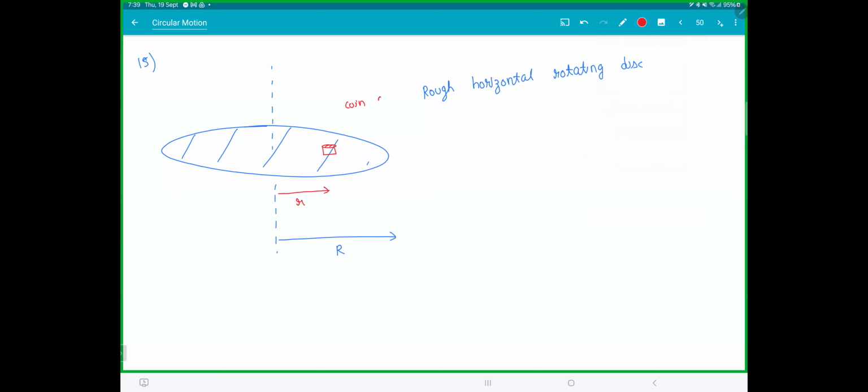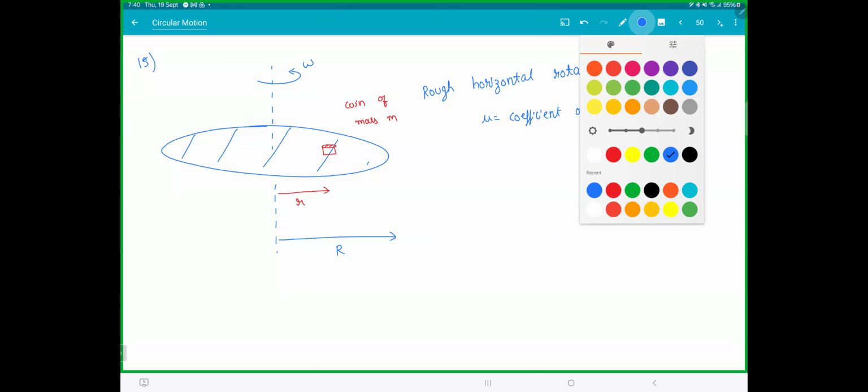This is a coin of mass m. Coefficient of friction is mu. This setup is rotating with omega.